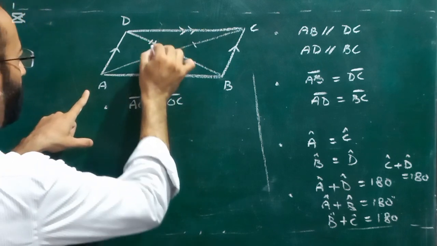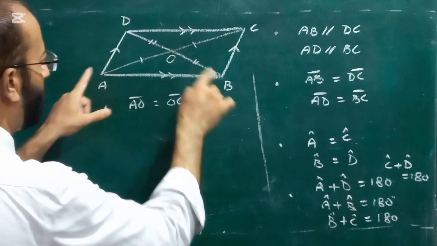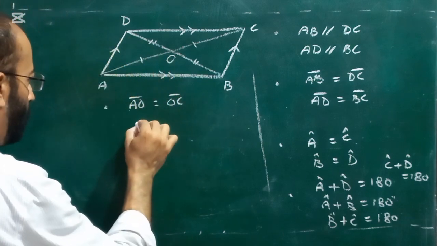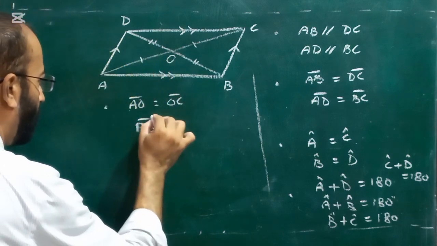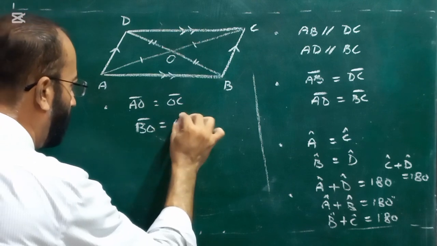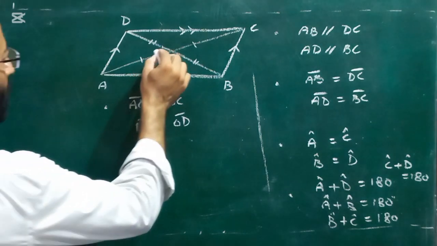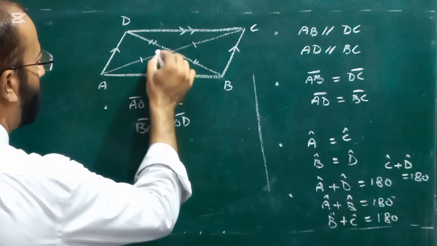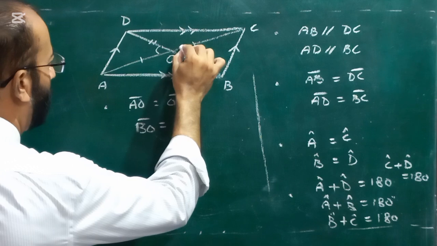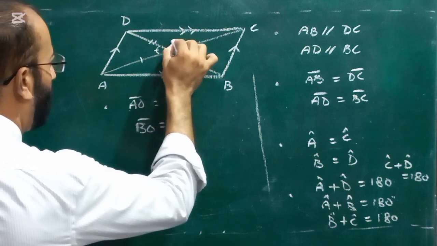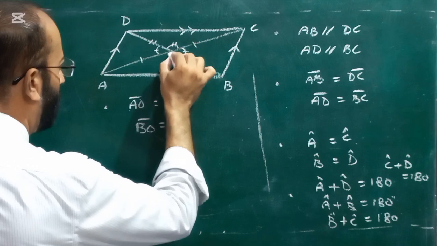And this length will be equal to this length because diagonals bisect each other. So BO is equal to OD. Here will be a set of opposite angles. So this angle will be equal to this angle, and this angle will be equal to this angle.